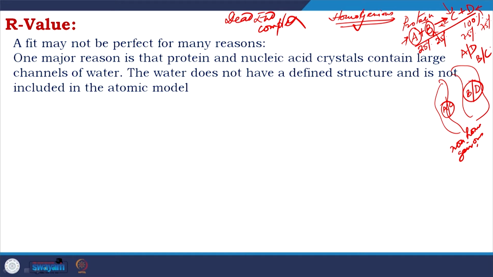So, why I am talking about that? When we are doing that, it is out of your possibility to check that your protein is actually active or not in the crystal structure, because you have given dead end complexes.